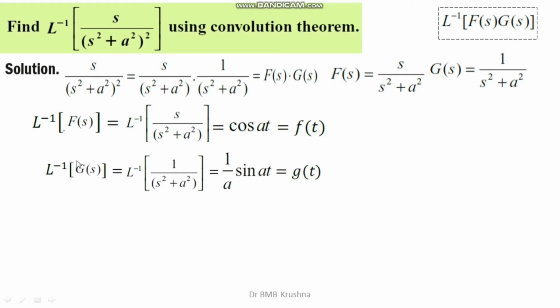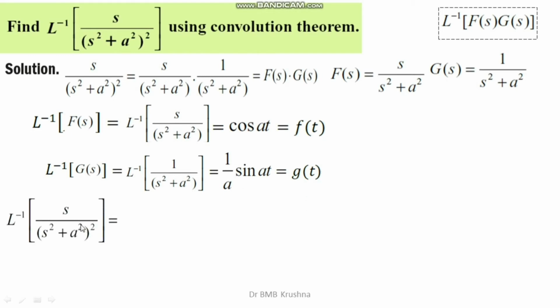Similarly, L inverse of G(s), where G(s) is 1 by s square plus a square, is sin at by a. L inverse of G(s) is g(t). So that is why g(t) became sin at by a. We have determined the functions f(t) and g(t).